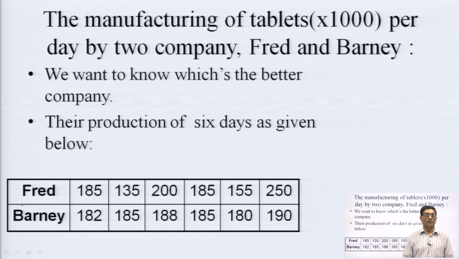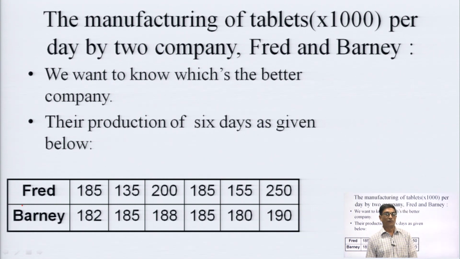Fred on the first day manufactured 185,000 tablets, next 135,000, next 200,000 and so on. And Barney manufactured on the first day 182,000, next day 185,000 and last 190,000.